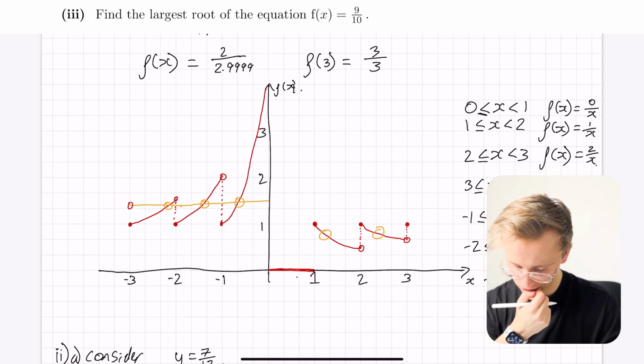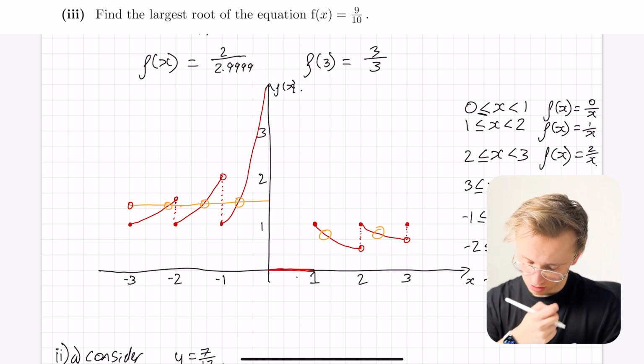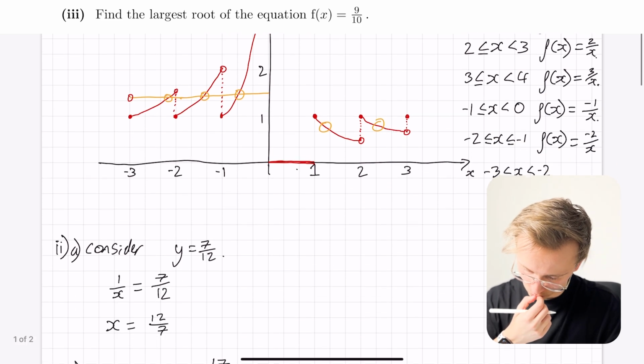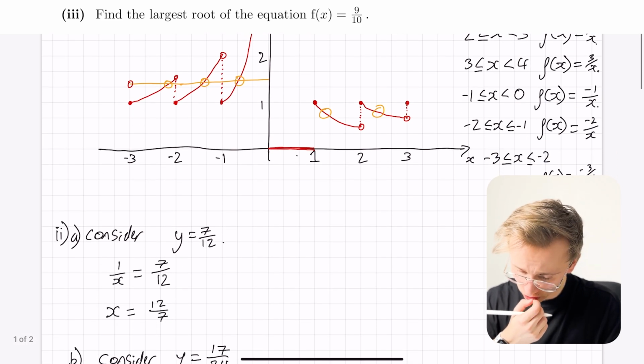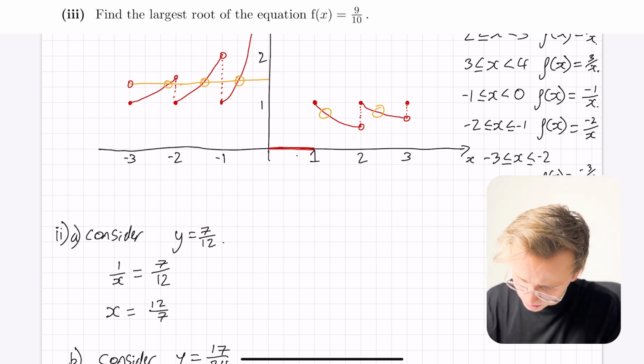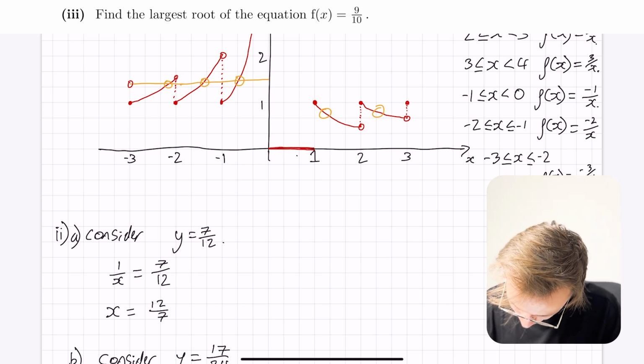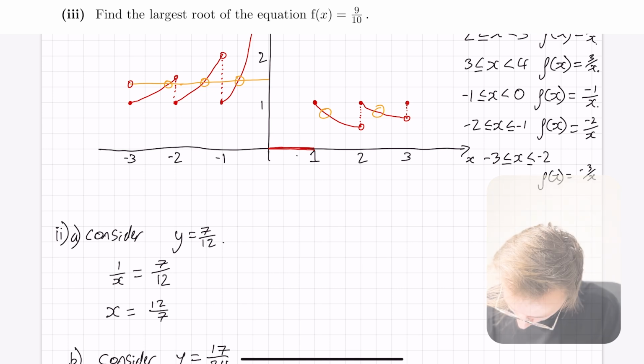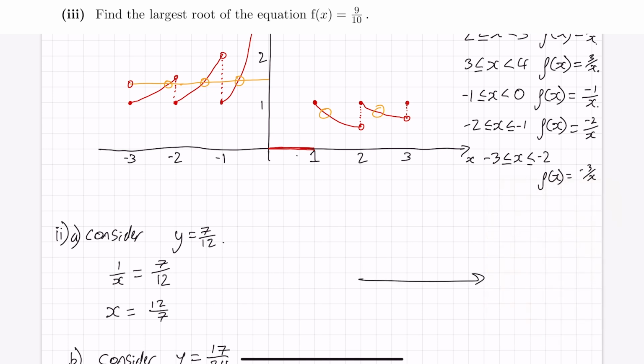So, is there a way I can generalize this for more points? Well, let's have a think. There is a solution if I have a solution in the region between, let's generalize it, let's say between n, let's draw a bit of the graph. 9 over 10 is less than 1, so we're just considering the right hand side.